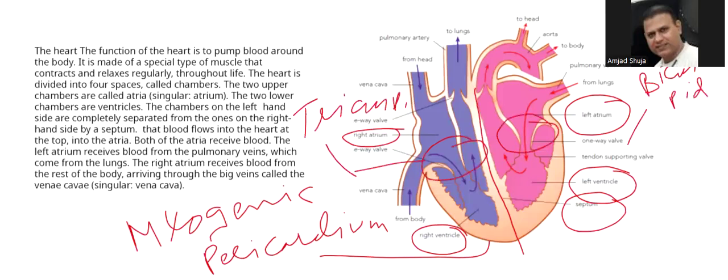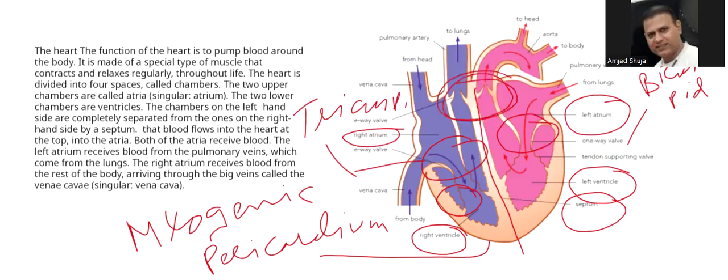Tri means three. In the tricuspid valve, there are three flaps which are connected with the muscles, as you see here, chordae tendineae, which control the opening and closing of these valves. And bicuspid means two. There are two cusps. Moreover, in the pulmonary artery, pulmonary vein, and in the aorta, semilunar valves are there. You see these semilunar valves.